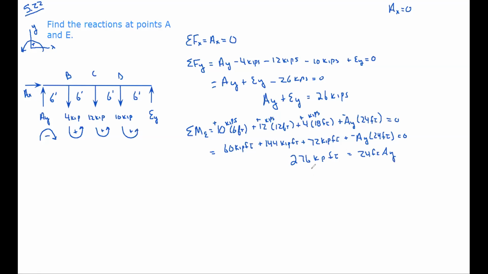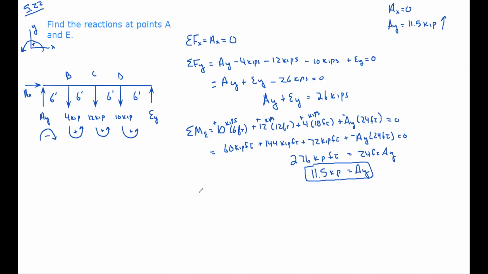We get that 11.5 kips is the magnitude of force AY. And that's in the up and down direction. So I'll go ahead and add that to our scorecard.